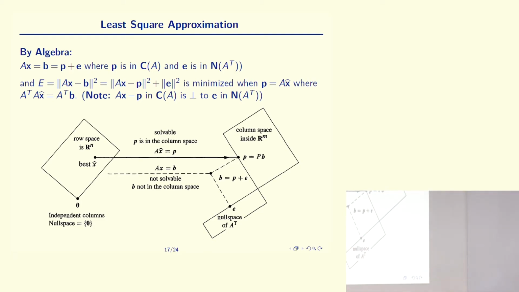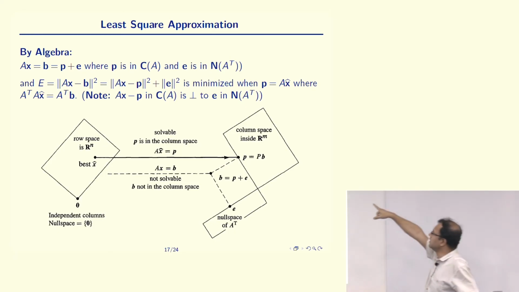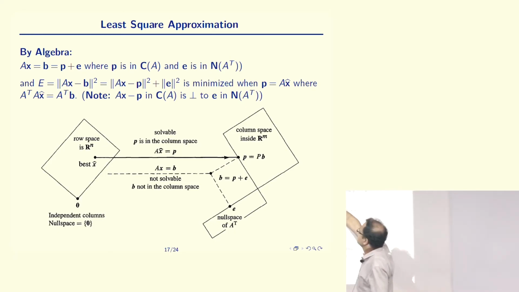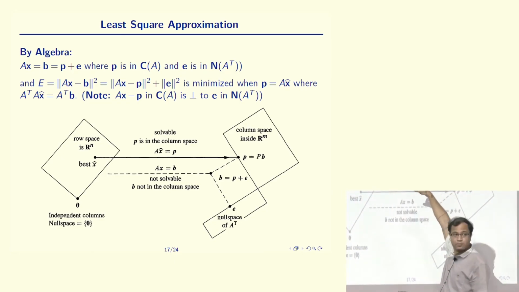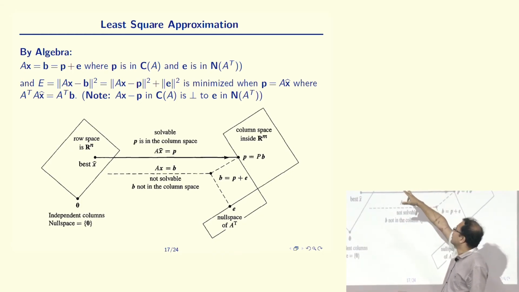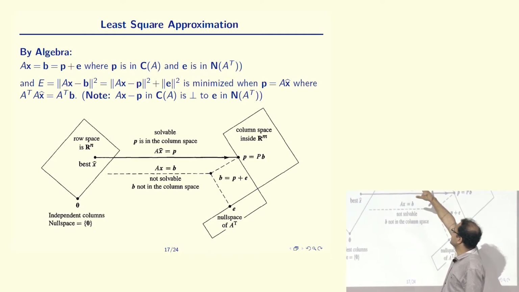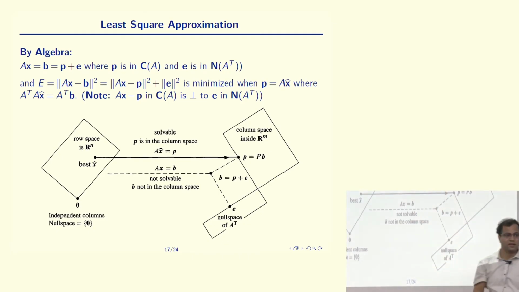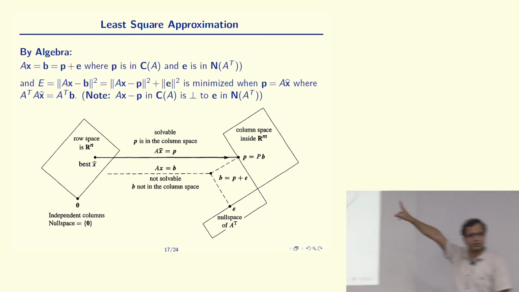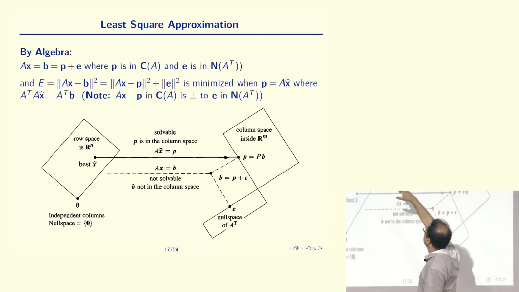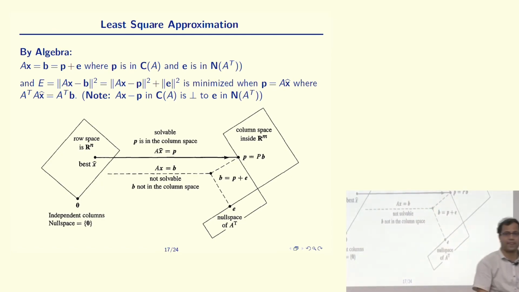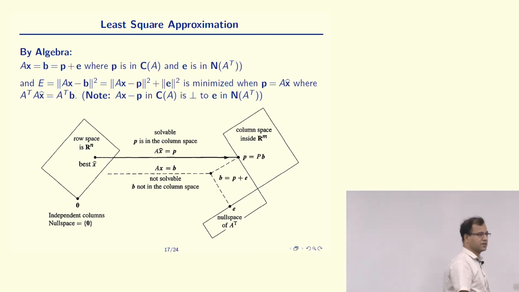Because E can be expressed as the sum of 2 square terms, Ax minus P squared plus the other term squared, and this E will be minimum when the first term is 0. Is that okay?